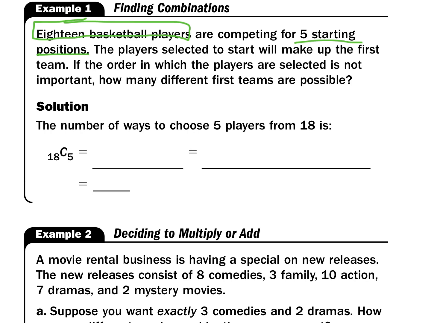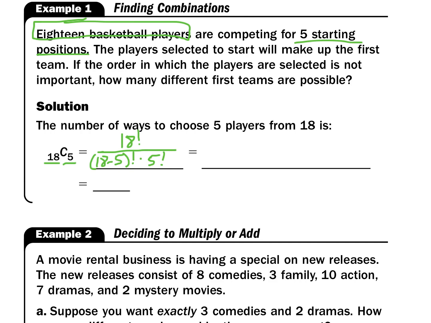So how many different ways can we choose 5 players out of 18? So 18C5. So that would be 18 factorial over 18 minus 5 factorial times 5 factorial.